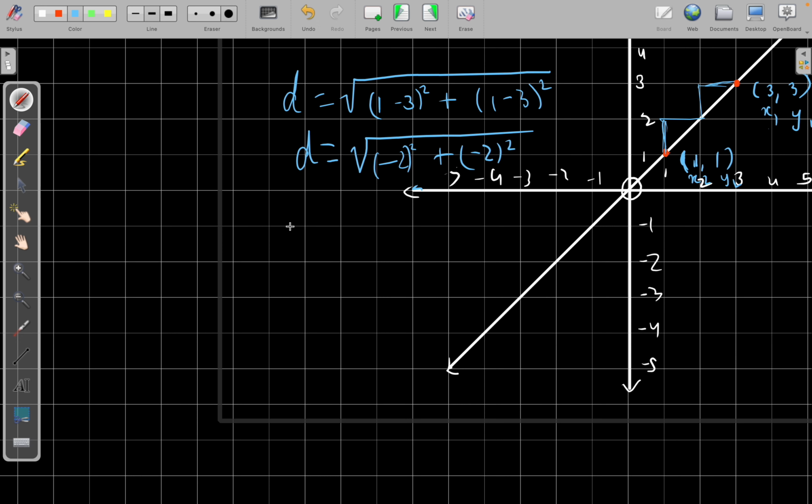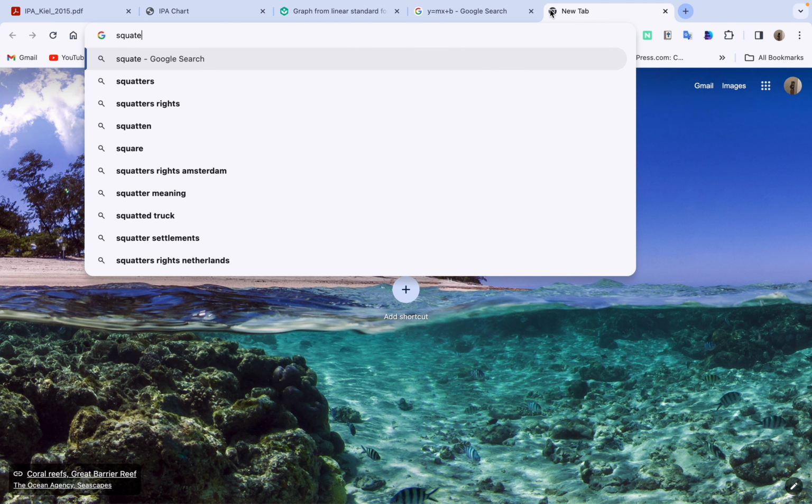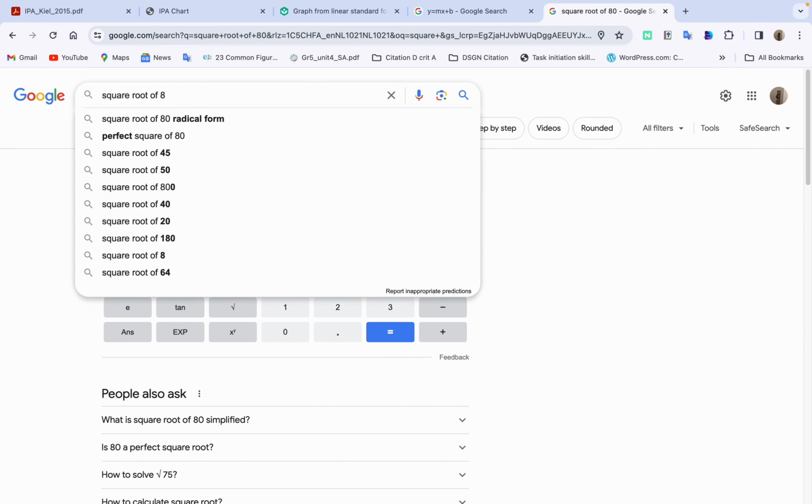Now d is going to be the square root of minus 2 squared, which is 4, plus minus 2 squared, which is 4. So d is the square root of 4 plus 4, which is the square root of 8. If you don't have a calculator, you can leave it right here, but I'm just going to calculate the square root of 8, not 88.